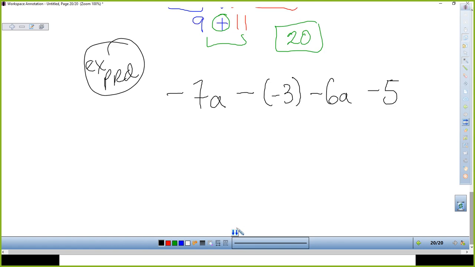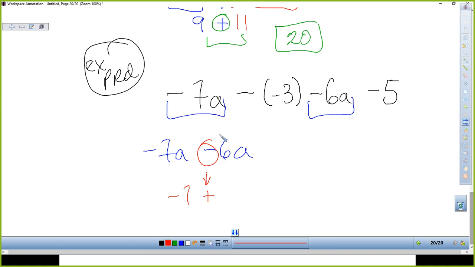Alright, so let's start with the variable. This one is an A. Is there another one with an A? Yes, right here. Let me write those over here. Negative 7a, and this one is negative 6a. Is there an addition in between? No, it's a negative. So I'm going to change this to addition. This one stays the same.